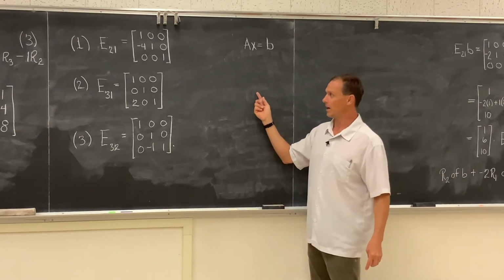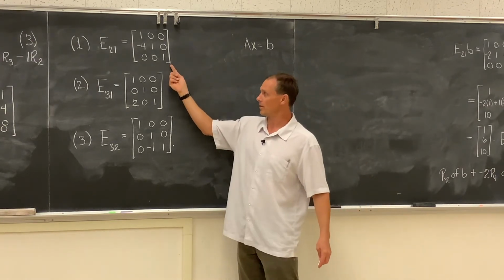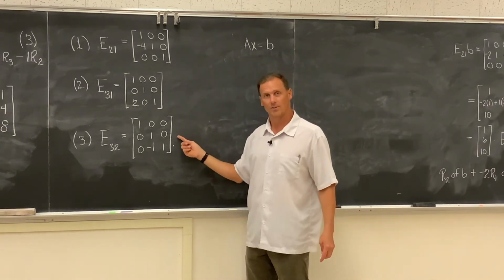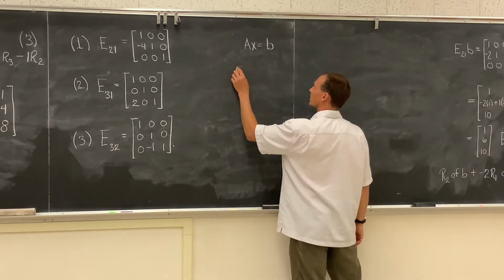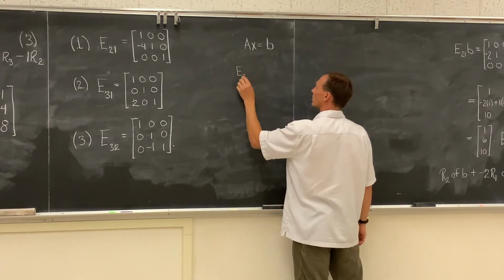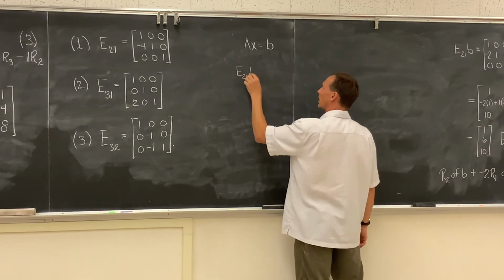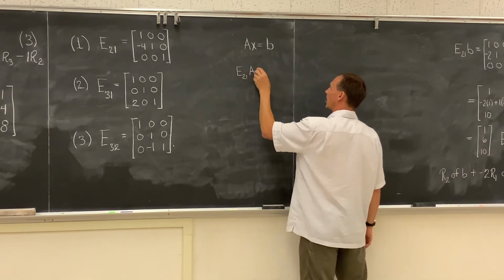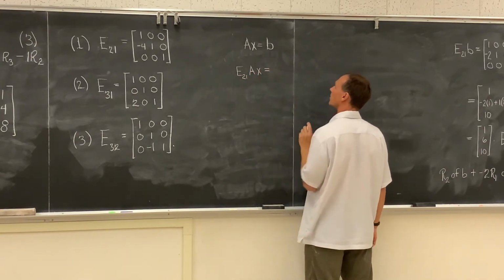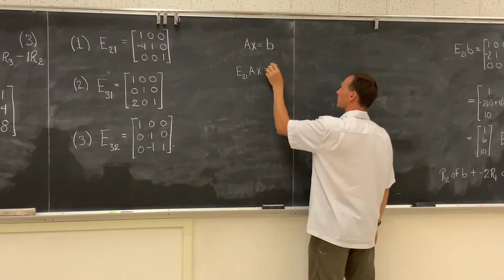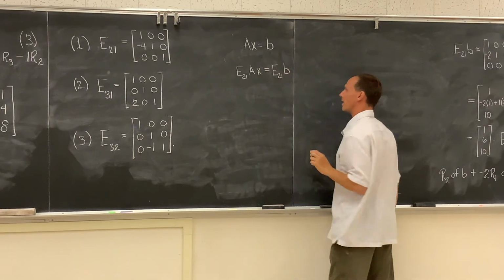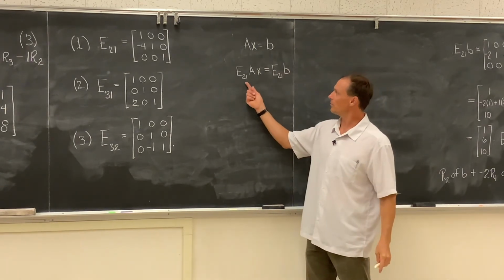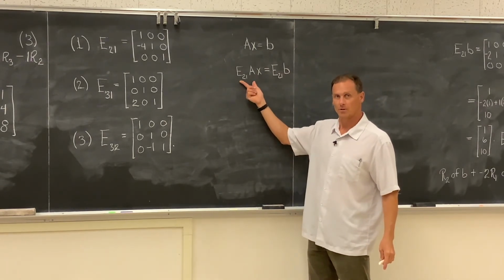Well, wait a minute. Now we've just written these row operations as matrices. So what did we do? Well, we took E2,1, and we multiply that on the left side of AX equals, and then also on the right side, we are going to make that first set of row changes.